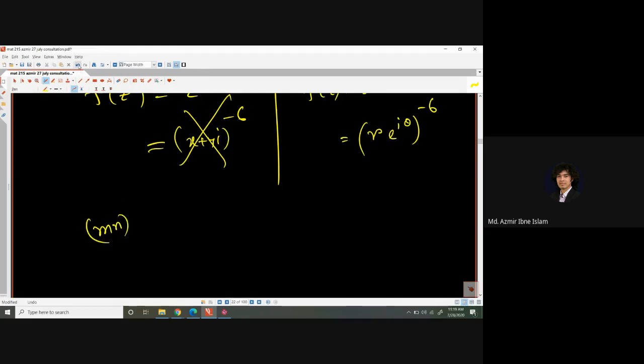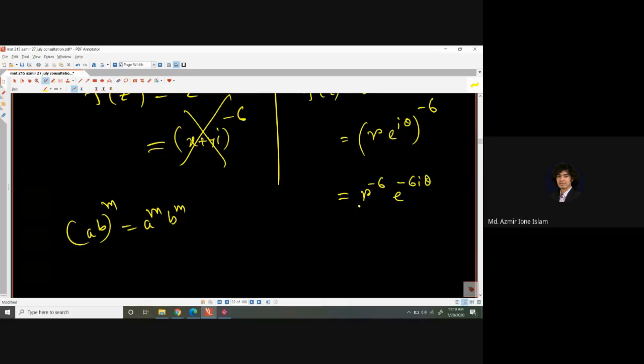If we have (AB) to the power m, you will find A to the power m times B to the power m. Clear? So that means you will get r to the power -6 times e to the power -6i theta.